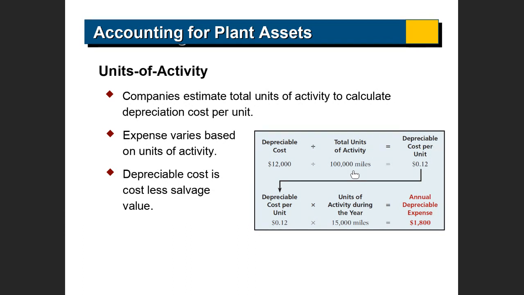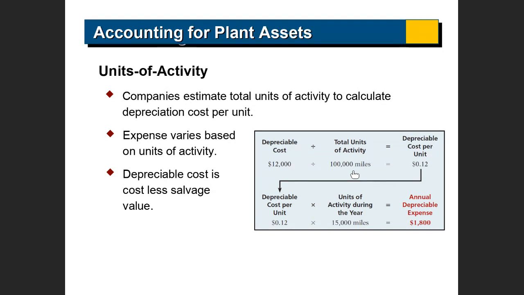So in the double declining, we use 13,000. Here again, we use the cost minus salvage value. And this truck that is going to drive 100,000 miles, we divide the $12,000 with 100,000, we get 0.12. So 12 cents for every mile the truck is driven.